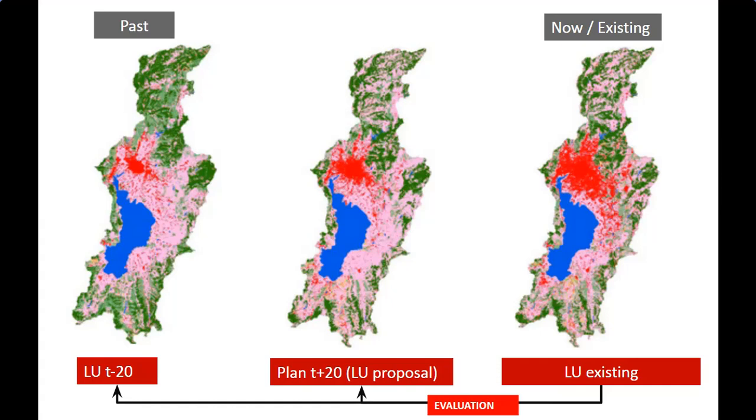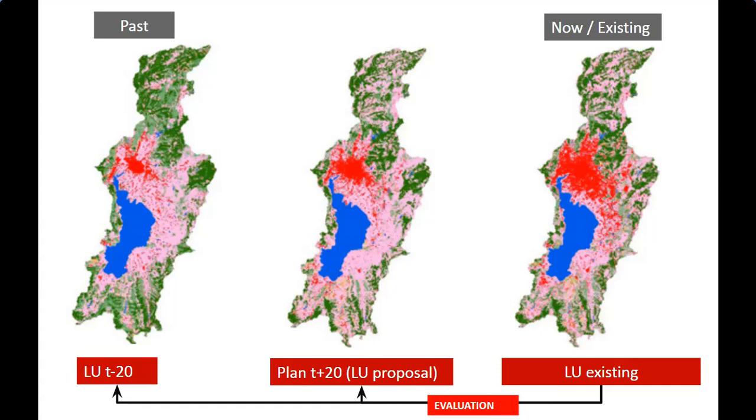And in this case, we evaluate what we have now, the actual land use right now, against what we planned, what we proposed 20 years ago, and also against the existing land use in 2020. Yeah, this is the concept of evaluation.